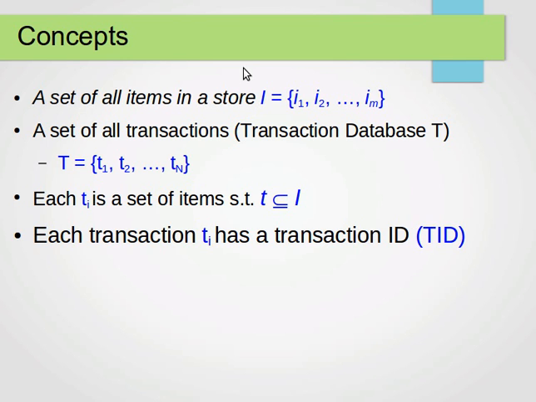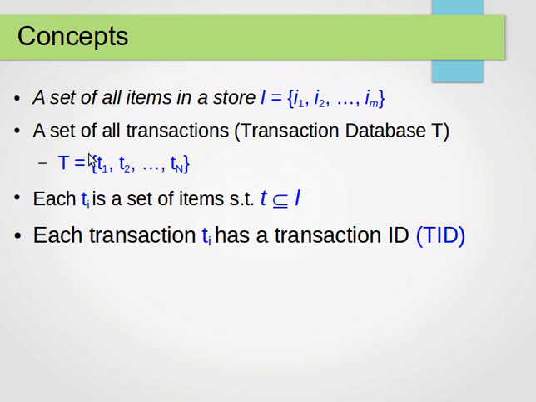We need to be familiar with some basic concepts. For example, if we have a supermarket or a store, then we can create a set of all items in the store, everything that the store sells. These are the contents of our item set. So the item set I equals item 1, item 2, all the way to item M. We have M items in the store, the overall number of items. And then we also need a transaction database, a set of all transactions.